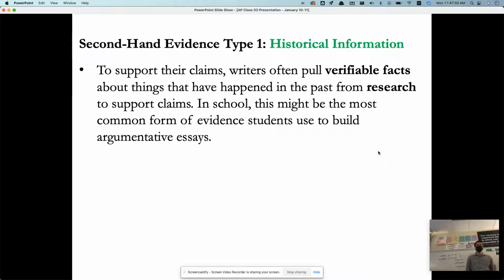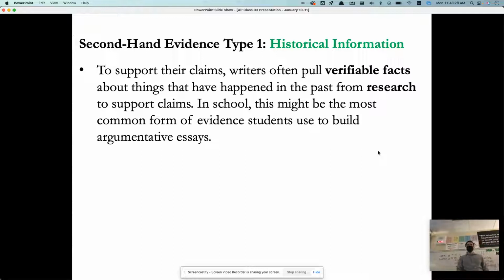They cite sources. They could cite a history book, census records, scientific reports, doctoral theses. Anything, right? If you're looking at the body of human knowledge through journals, through whatever other sources, and using that information to support your claims, it's historical information.